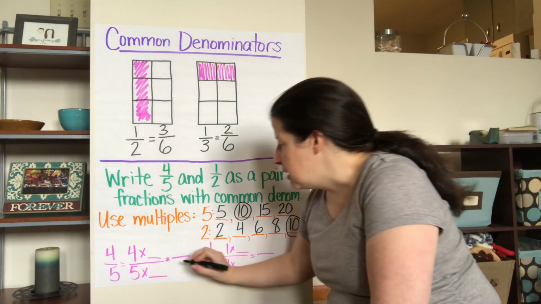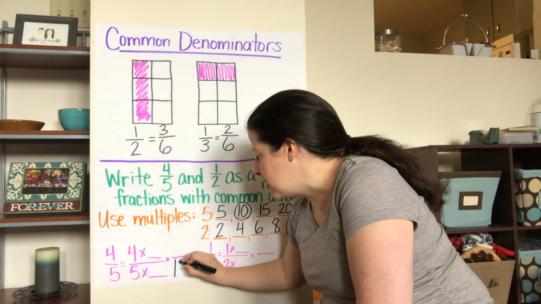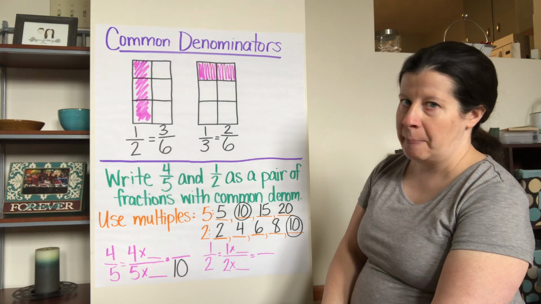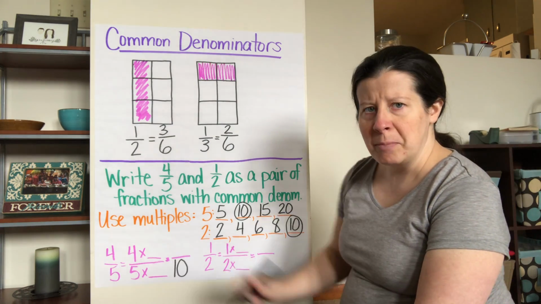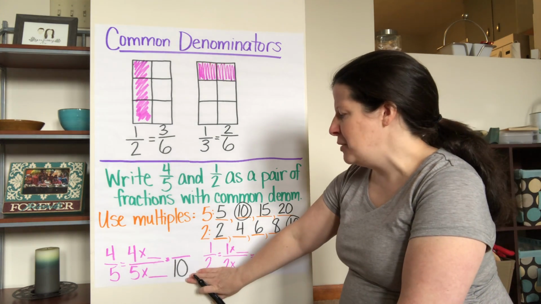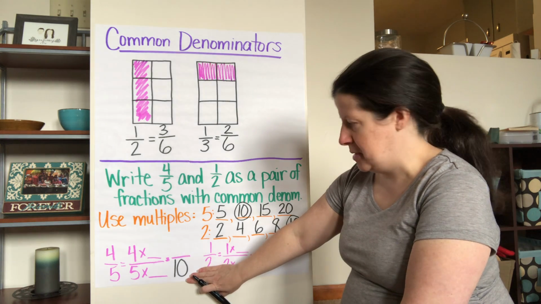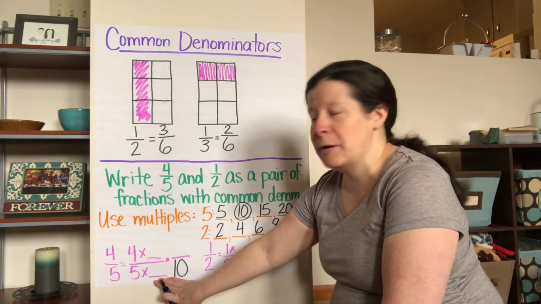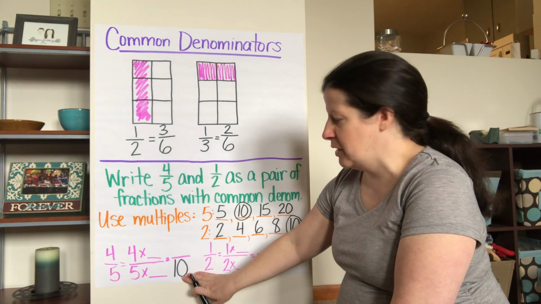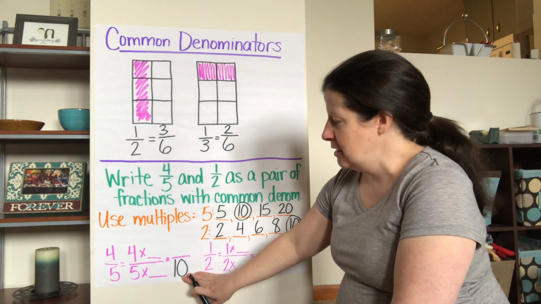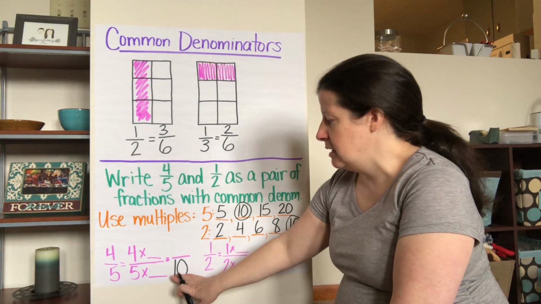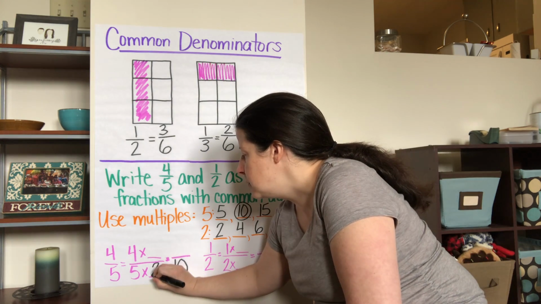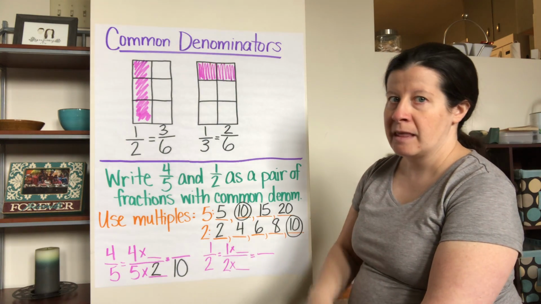So I'm going to go ahead and write 10 down here for my final denominator that it needs to be. So I'm going to work backwards a little bit now. If I know 10 has to be the denominator, I will be multiplying 5 by some number so that it changes to 10. 5 times what equals 10? 5 times 2 equals 10.